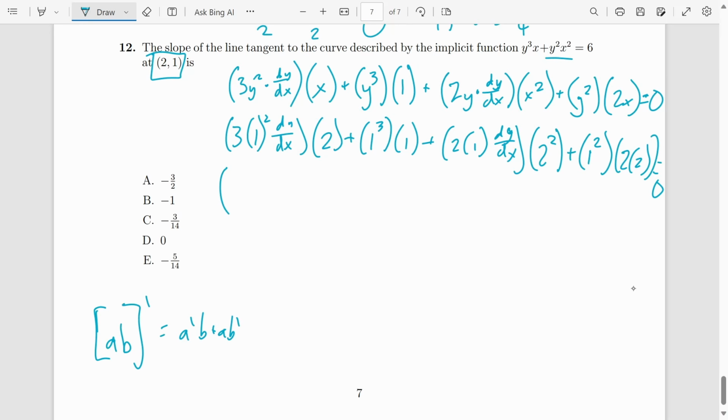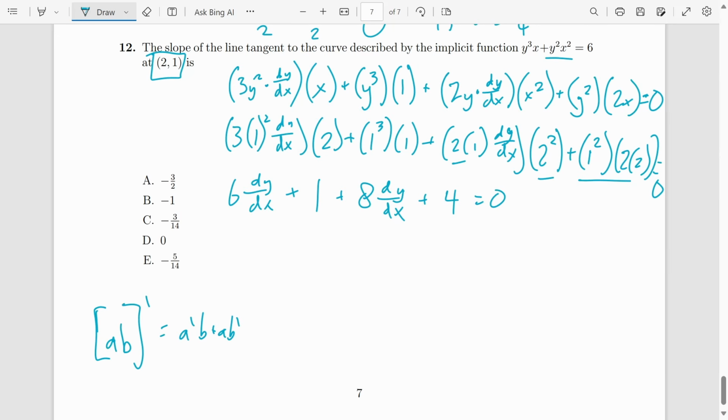We have 3 times dy over dx times 2. Let's actually merge that. Let's make that a 6. Plus 1 cubed is 1. 1 times 1 is 1, so plus 1. Plus 2 times 4, which is 8 dy over dx, plus 1 times 4, which is 4, equals 0.